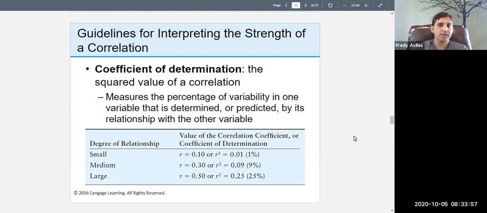R equals -0.1 and R equals +0.1 are equally strong, and they can both basically predict about 1% of the variation. That's what that means, right? R squared equals 0.01 is 1%. That means that if there's a relationship, let's say between age and health, to put it that way, right?